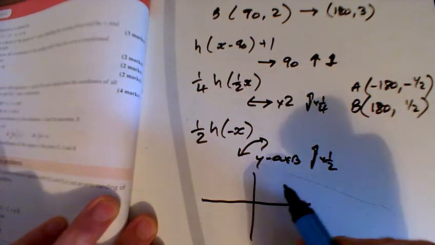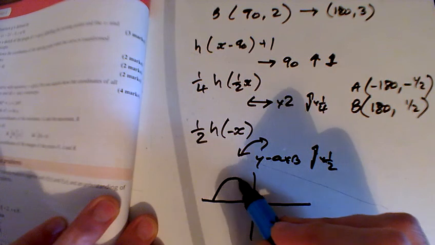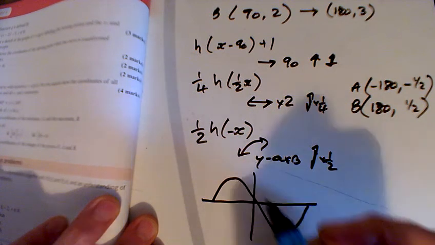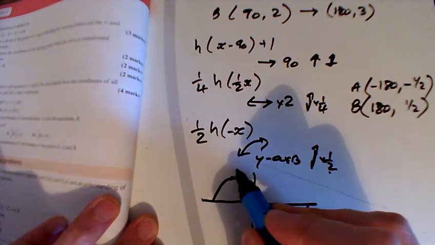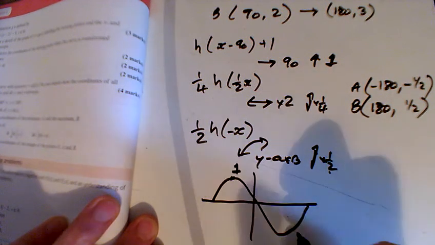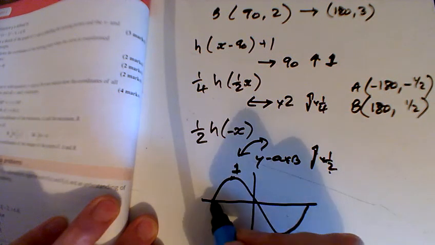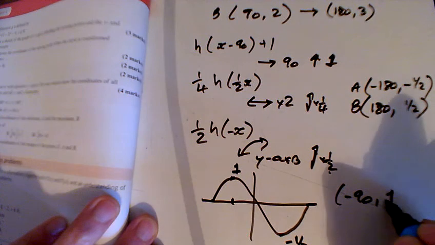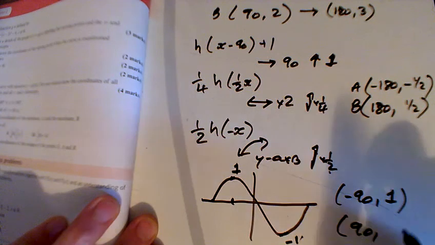So the reflection now means it's going to be the other way round, like this. And it's half as high. So if it's half as high, it was at 2, so now it's at 1. It was at minus 2, so now it's at minus 1. So that value there is going to be minus 90, 1. And this value here is going to be 90, minus 1.